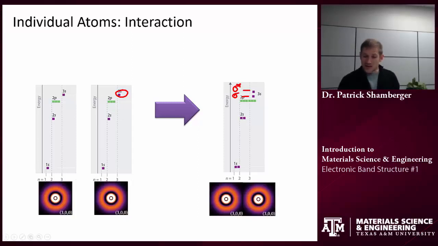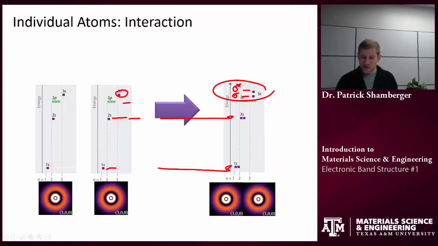Now we only notice this in the outermost orbitals, those valence orbitals. The 2p, 2s, and 1s orbitals are deep within the atom itself. They're at very stable energy levels, and so they don't tend to interact with each other as much. So we don't see any splitting in these levels.